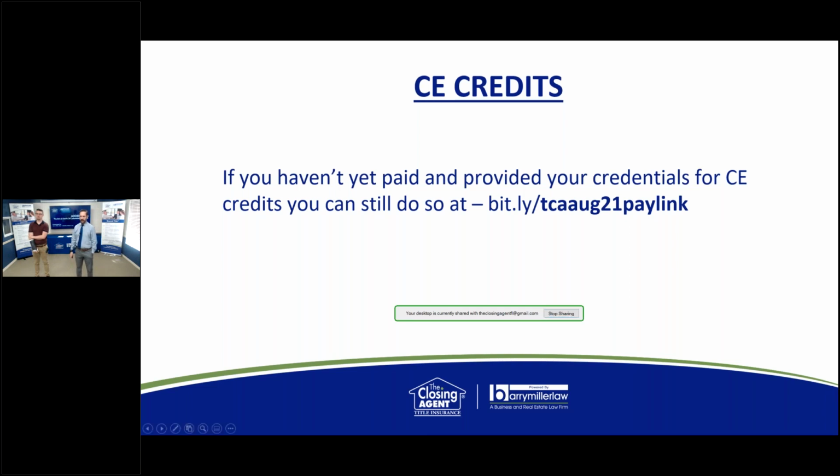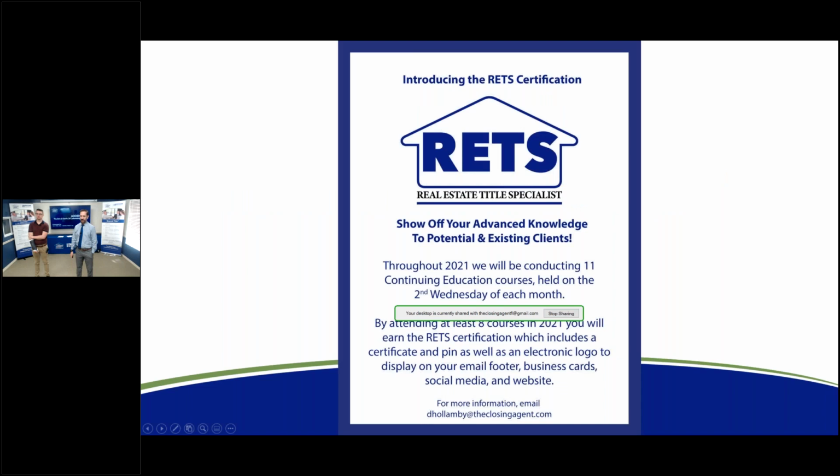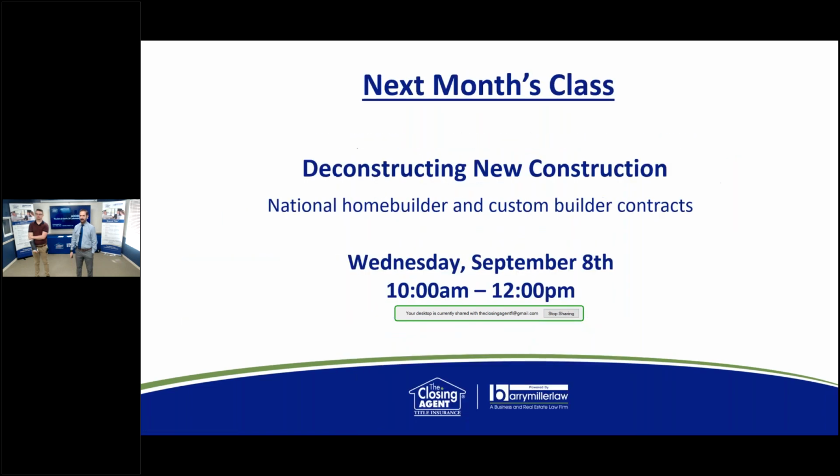Next month is deconstruction, new construction. So we're going to go through and talk about national home builder and custom home builder contracts, the do's, the don'ts, things that you need to be aware of, especially with the national builders. As you know, they're trying to cut you guys out.